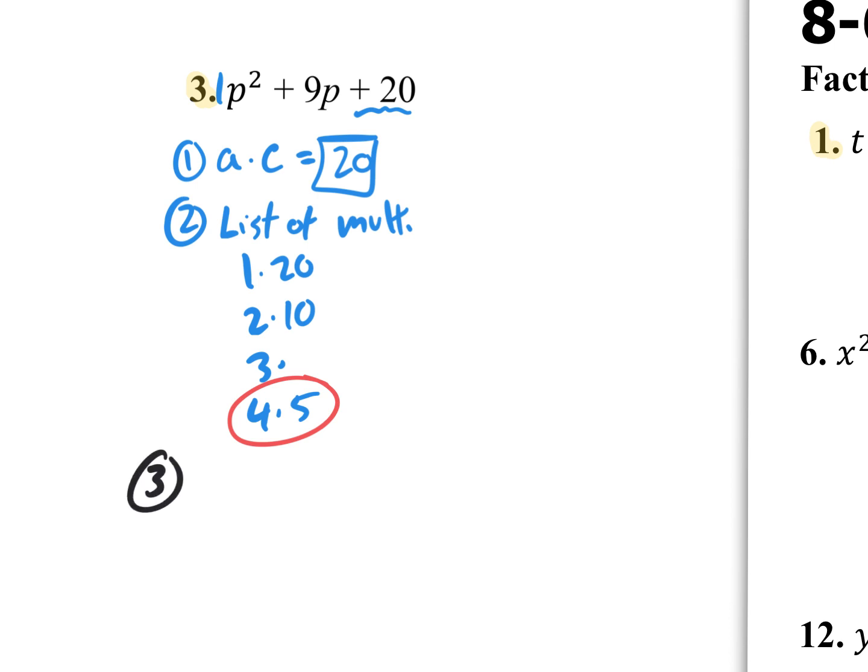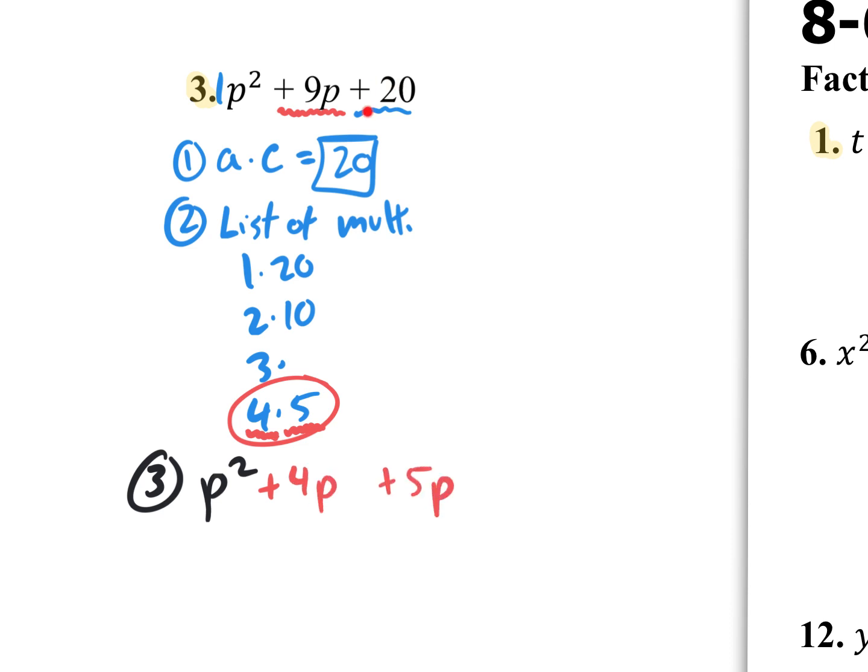Step 3 is to change your trinomial to a 4-term polynomial by replacing your bx term, or in this case, the middle term, 9p. You're going to replace it to become 4p plus 5p. Okay, so let's actually do that. It's p squared, but instead of plus 9p, I'm going to put plus 4p plus 5p.